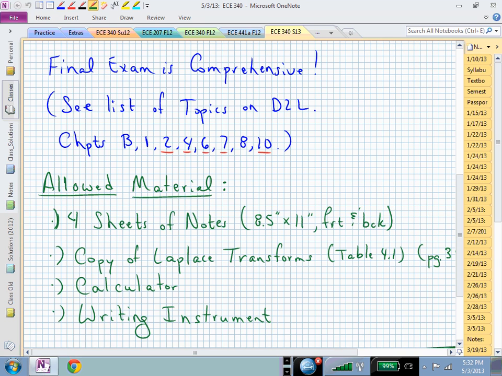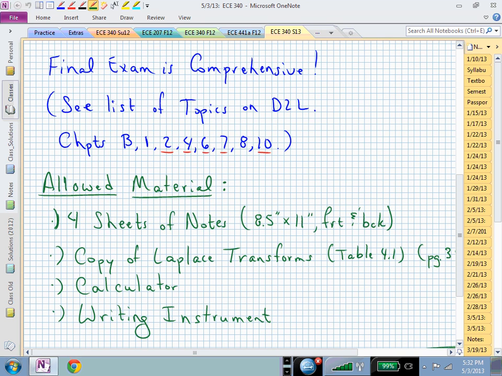Chapter 8 is the Nyquist, and you really just need to know what the Nyquist frequency is, what aliasing is, and what the apparent frequencies are, depending on how you're sampling. I've underlined the key chapters, 2, 4, 6, 7, and 10. 10 is the state space.